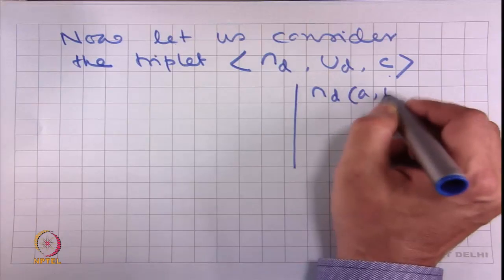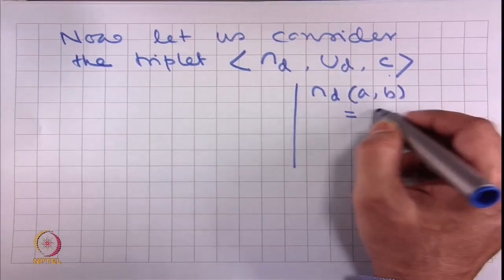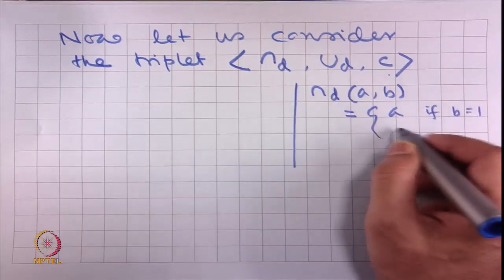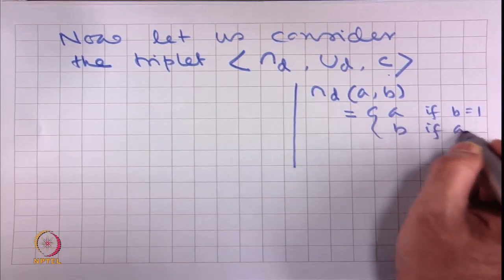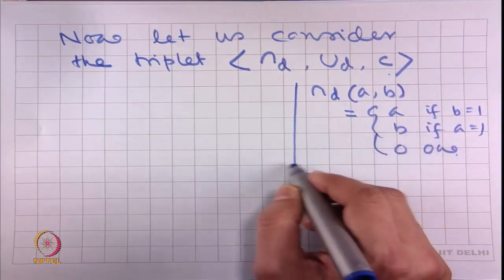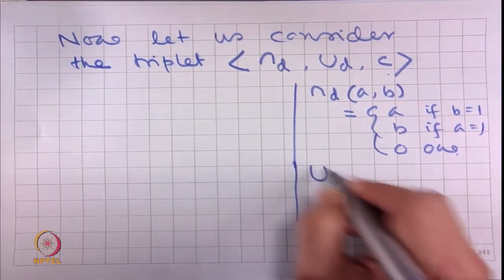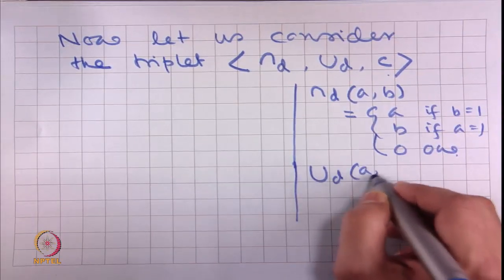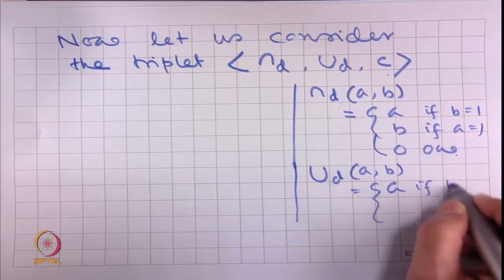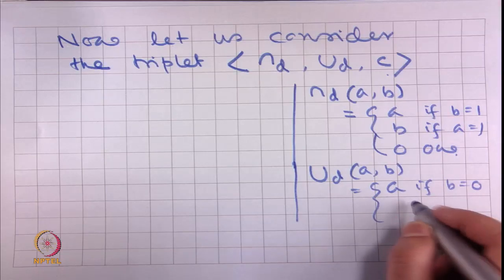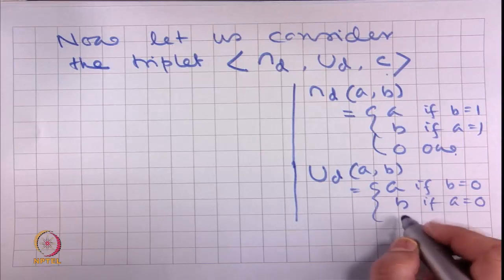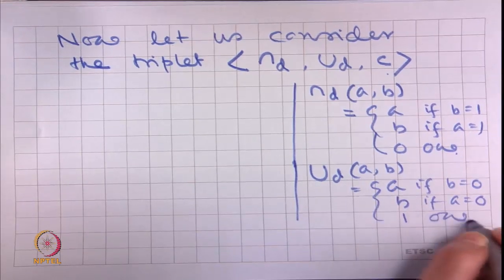Drastic intersection of A comma B is equal to A if B is equal to 1, B if A is equal to 1 and 0 otherwise. And drastic union of A comma B is A if B is equal to 0, B if A is equal to 0 and 1 otherwise.